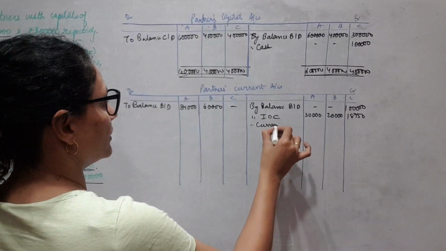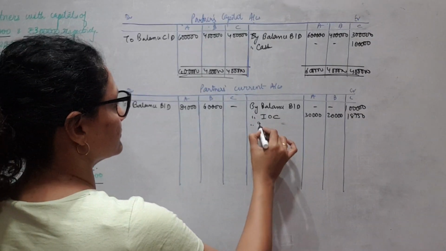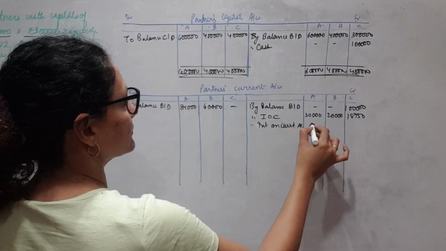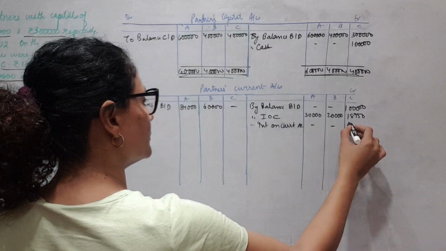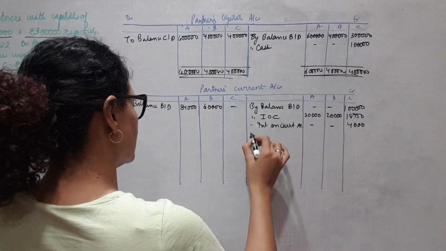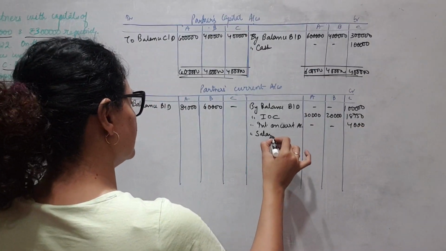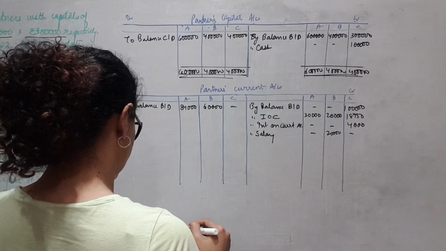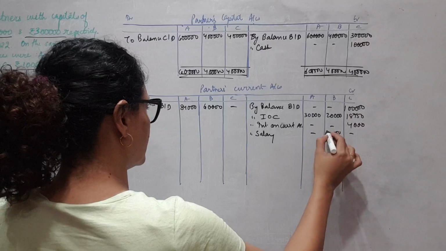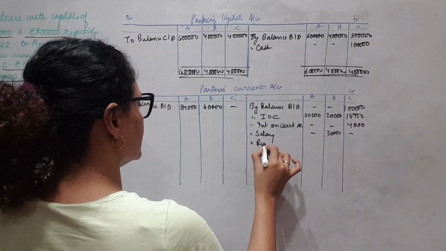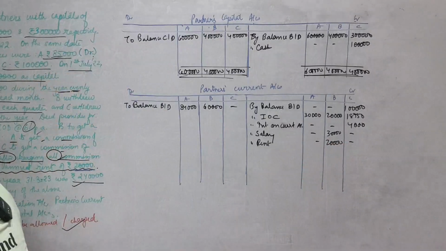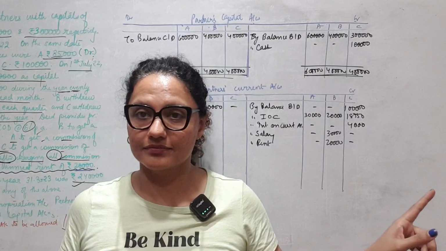Then C has got interest on current account. C's interest was 4,000. B has got a salary of 30,000 and rent he got 20,000. Yes. See, all of this, the rent to partner will also come here.